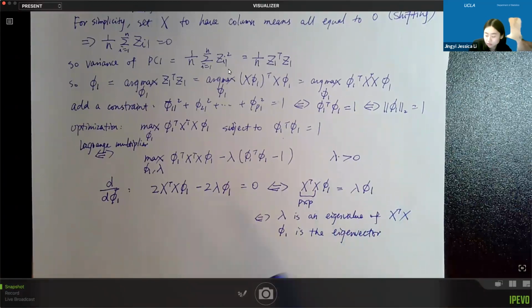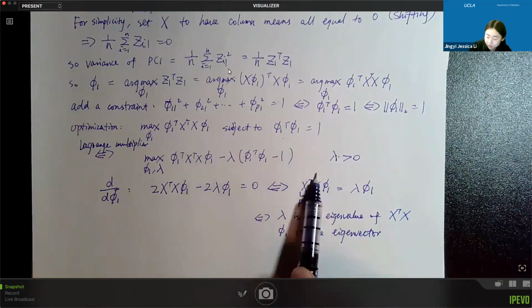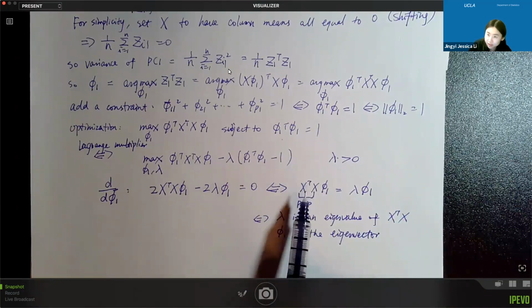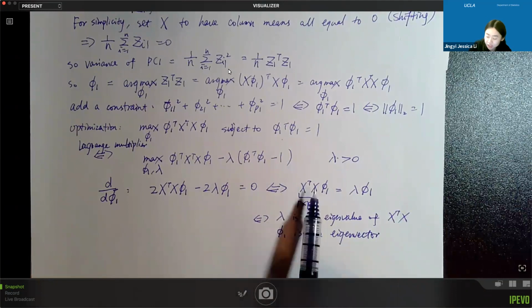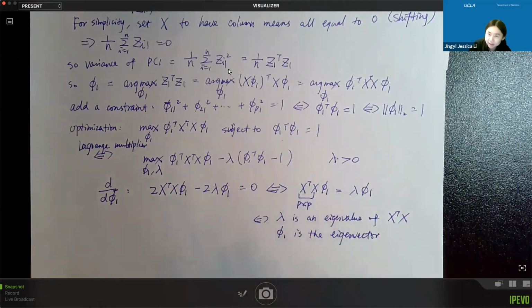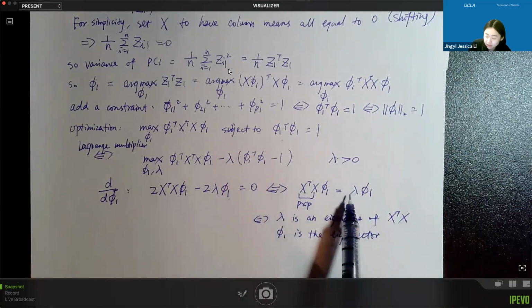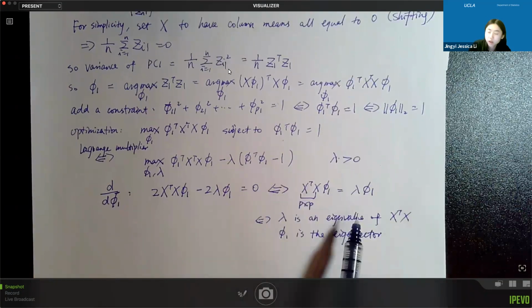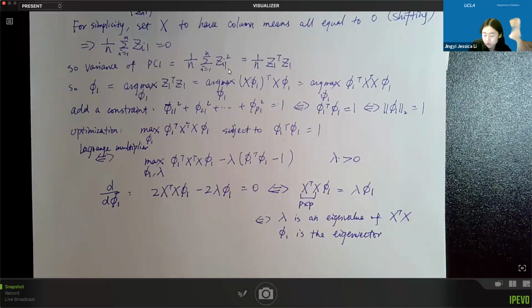That means if you left multiply a vector by a square matrix, and this is equal to just putting a scaling factor multiplied to the vector, then we see, yeah, this scaling factor is an eigenvalue of that square matrix. That's what we use here.